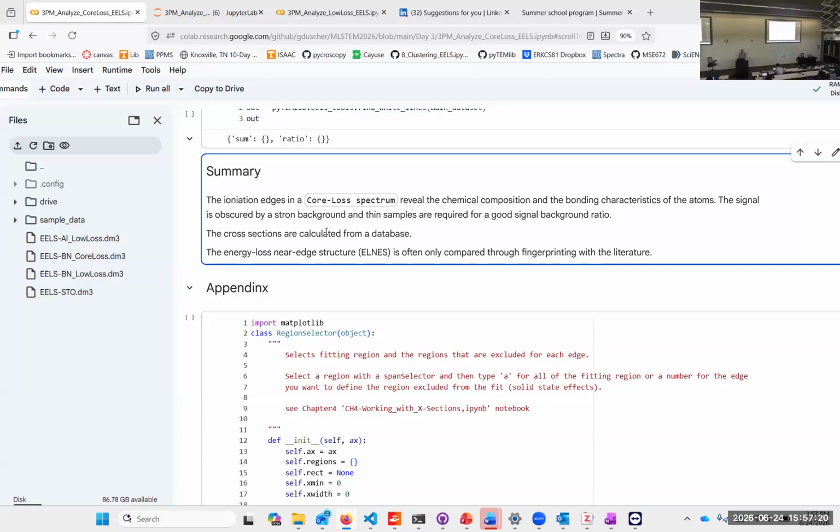So a factor of 10 faster than EDS under normal circumstances for the core loss spectrum. And the low loss doesn't cost you any time if you acquire a core loss. The modern spectrometers can acquire the low loss and the core loss together. And so you should really do that, because it not only gives you an energy scale origin, it also gives you the number of electrons.